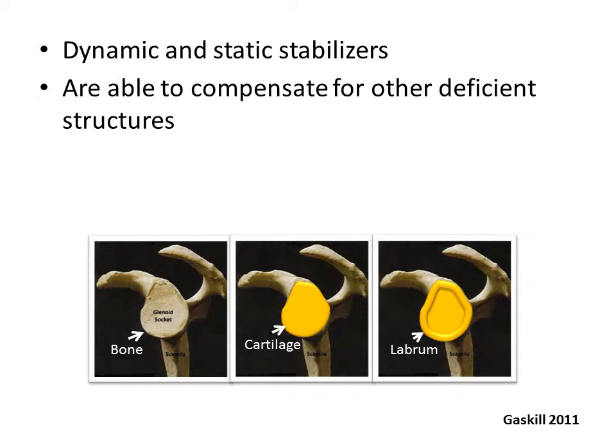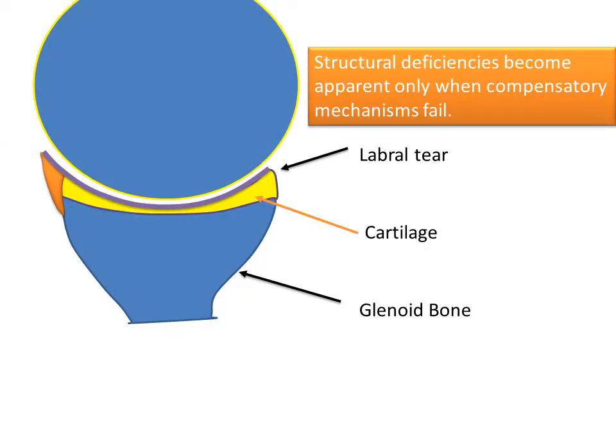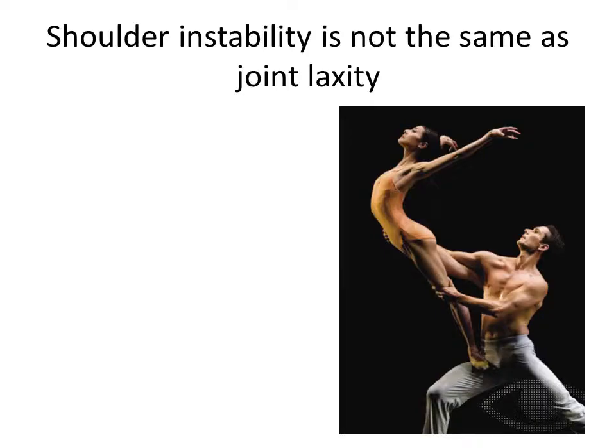The dynamic and static stabilizers are able to compensate for other deficient structures. Structural deficiencies become apparent only when compensatory mechanisms fail, such as labral tears and damage to the overlying cartilage and bone. Shoulder instability is not the same as joint laxity.